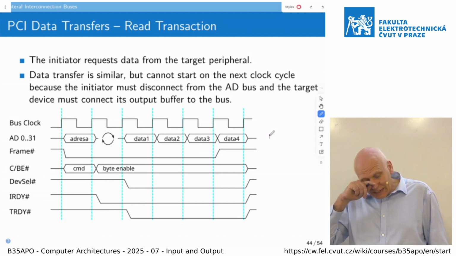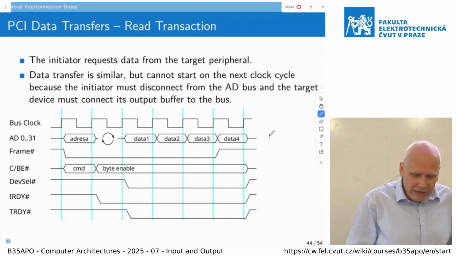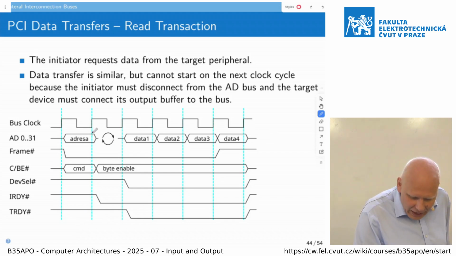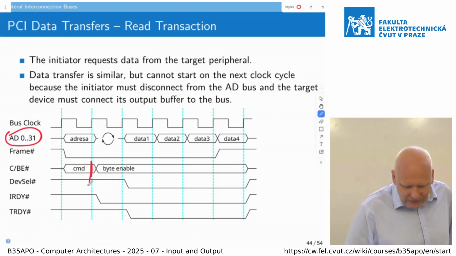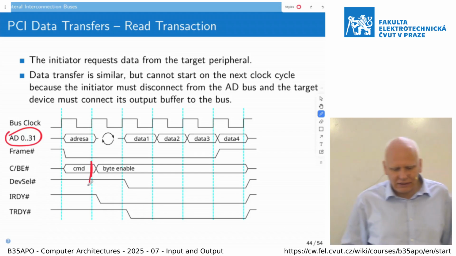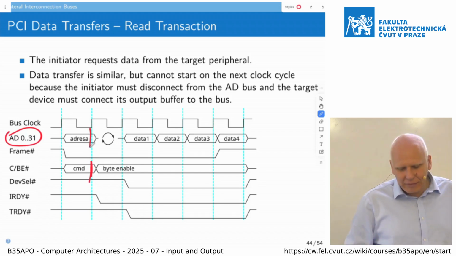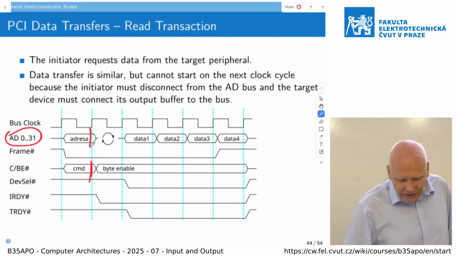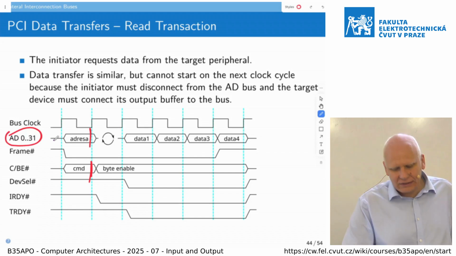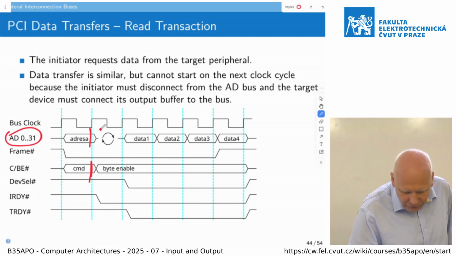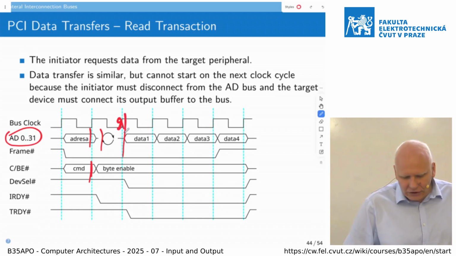For the read transaction, there is a small problem. We send the address on the AD wires, and the device recognizes that it is a read operation and that the address matches the given device, but we need to allow some time when the initiator of the transfer disconnects from the bus, and the target device, after this rising clock edge, connects to the bus.